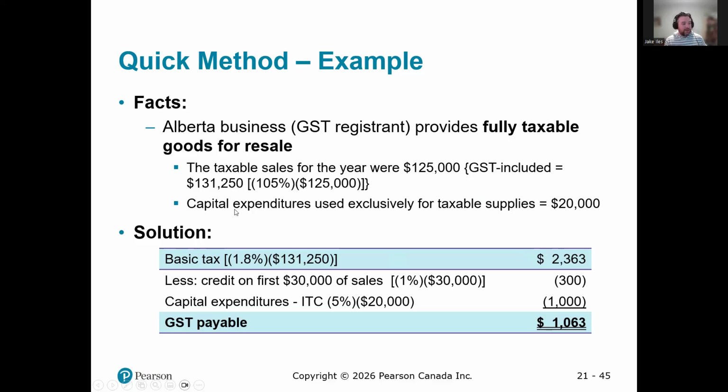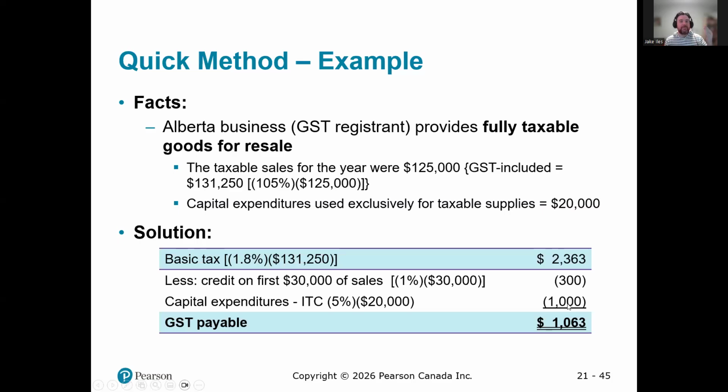We also have capital expenditures used exclusively for taxable supplies of 20,000. The quick method is only taking into account your recurring expenses. So our capital expenditures, we will apply the same method of calculating HST as we did for our original calculation. So 5% of $20,000, we have an additional ITC of $1,000.